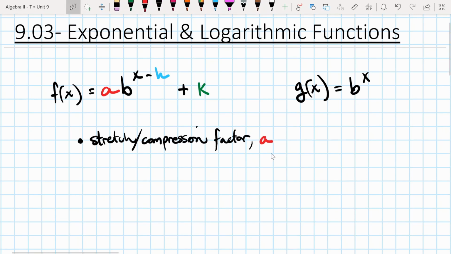That's the a value. So if we multiply g of x by the number 2, that exponential function would be vertically stretched by a factor of 2. So we call that a stretch factor.